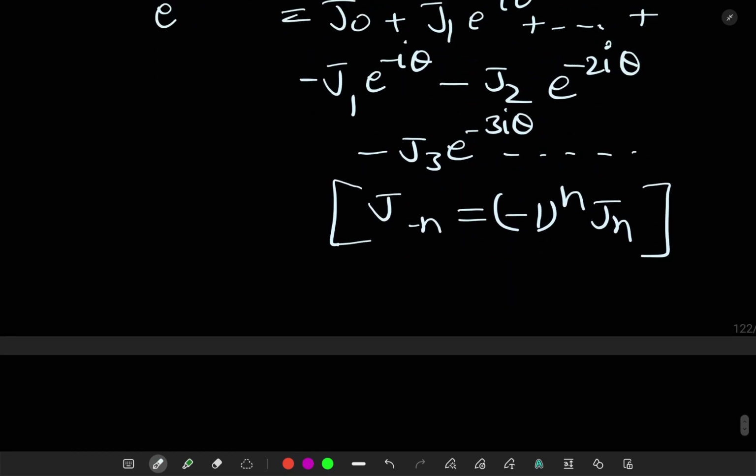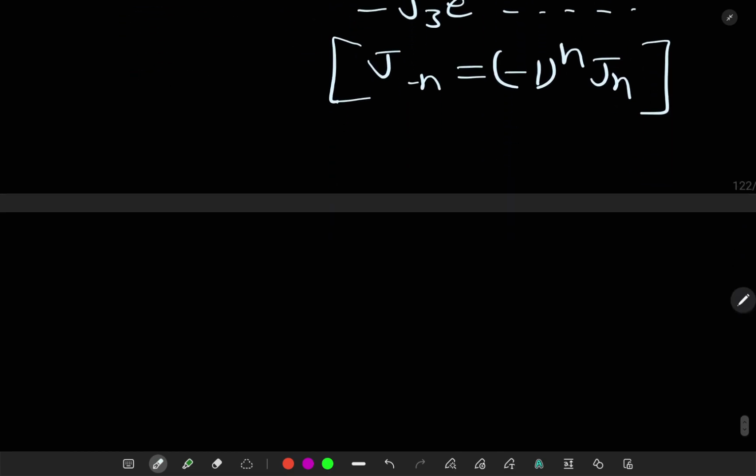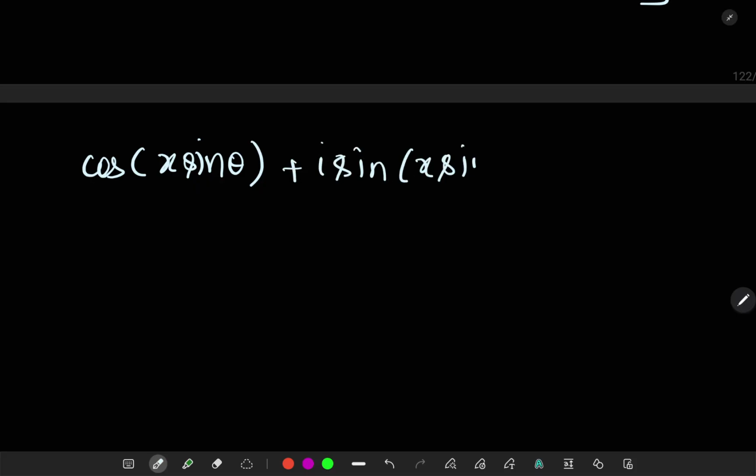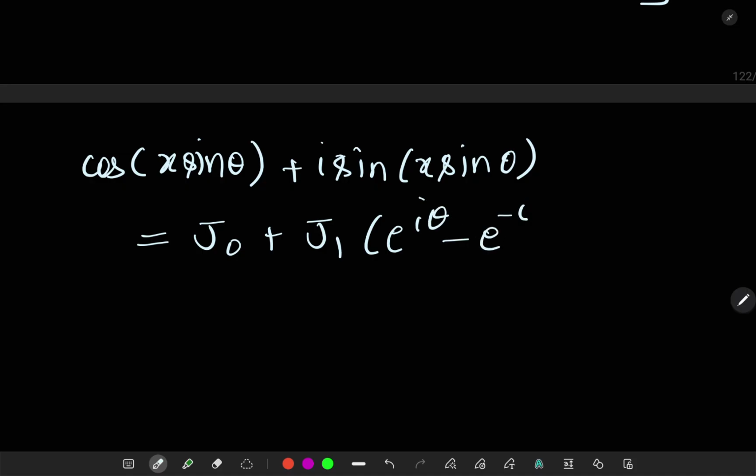Using this formula and the property of exponential, we can write this as J0 plus J1 (e raised to power iota theta minus e raised to power minus iota theta) plus J2 e raised to power 2 iota theta plus and so on.